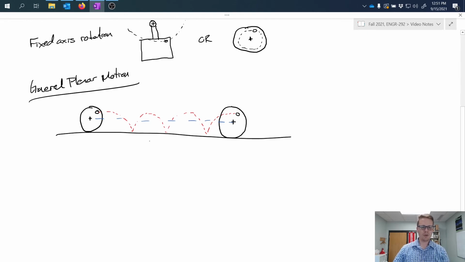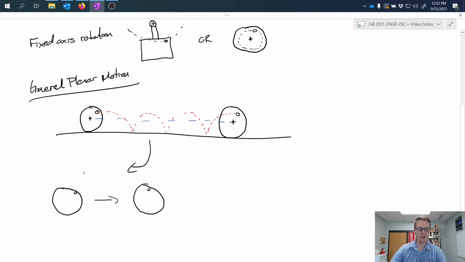So if I wanted to do that, I might break this down such that the wheel is doing two separate things that I independently evaluate. First, it is translating from the position on the left to the position on the right. So it's undergoing some translation.